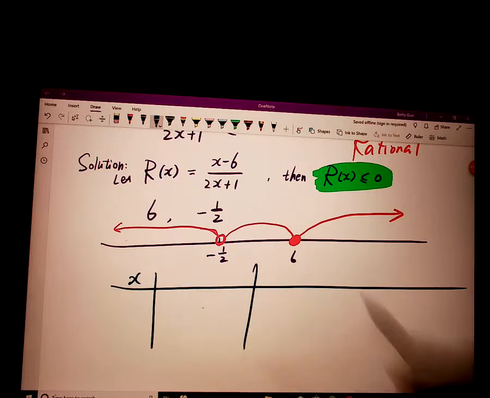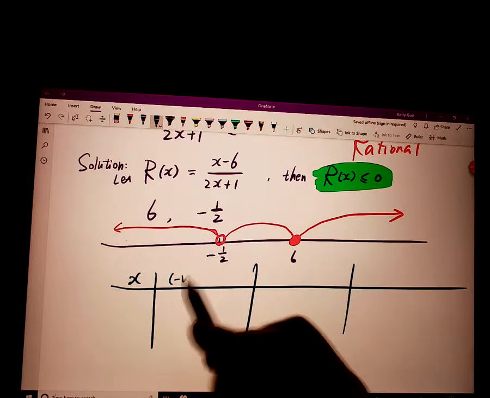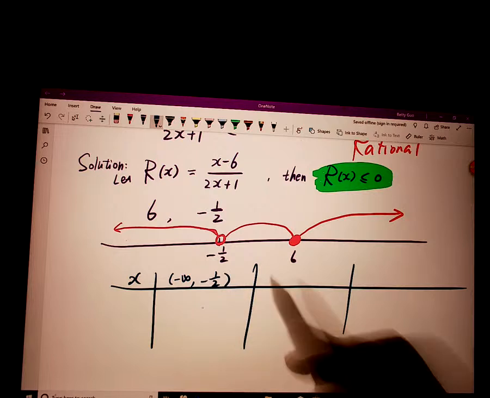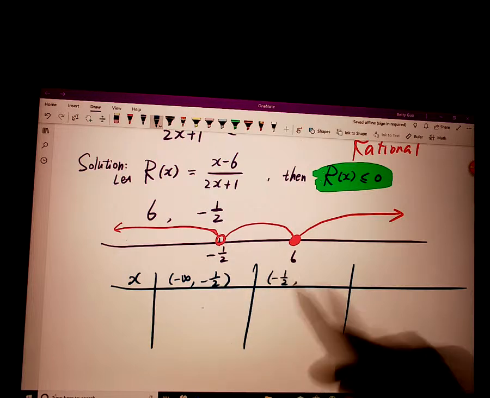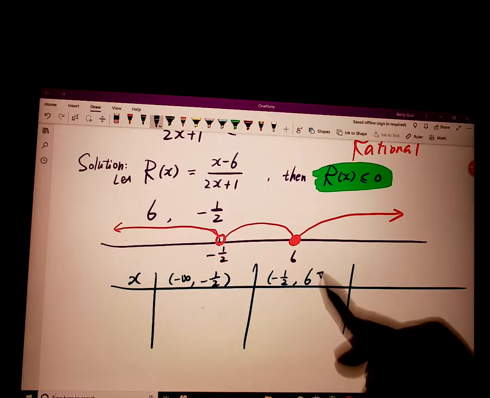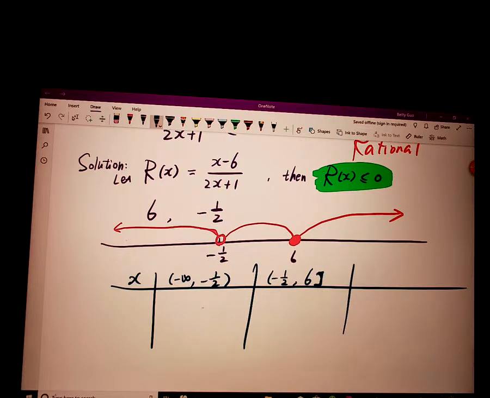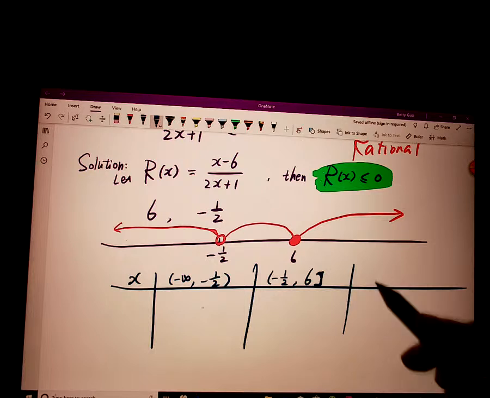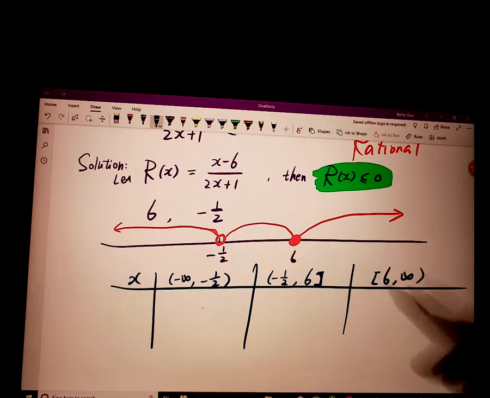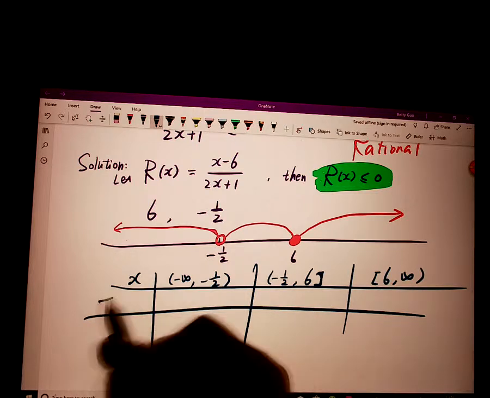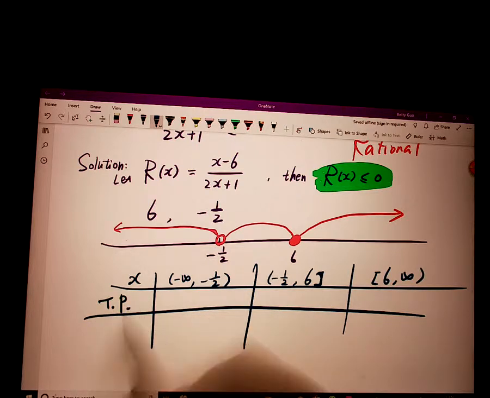My row 1 is going to have 3 intervals: negative infinity to negative half, open; negative half to 6, left open, right closed. Very important, okay? And 6 to positive infinity. Row 2, testing points. Any convenient number would be okay.